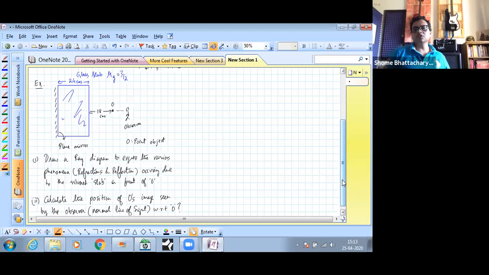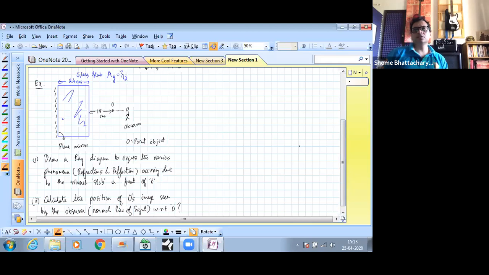So just try out the ray diagram first. Try to understand how many different phenomena are happening, and what kind of situation those phenomena involve, bending towards the normal for a refraction or away from the normal for a refraction.